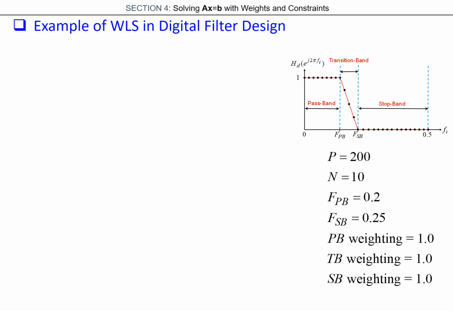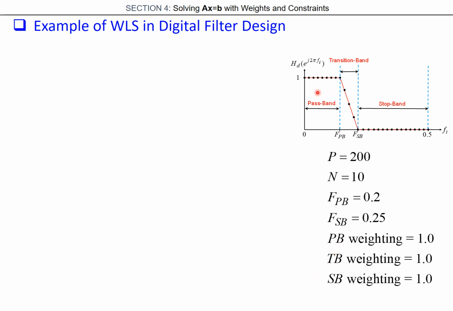Okay, so let's take an example here and see what we've got. Here are the parameters that we're using. We're taking 200 points from 0 up to 0.5 hertz. We've got n equals 10, so that means we've got 11 coefficients that we can play around with. The end of the pass band is 0.2, the beginning of the stop band is 0.25, and we've put equal weighting for all of the 3 bands.